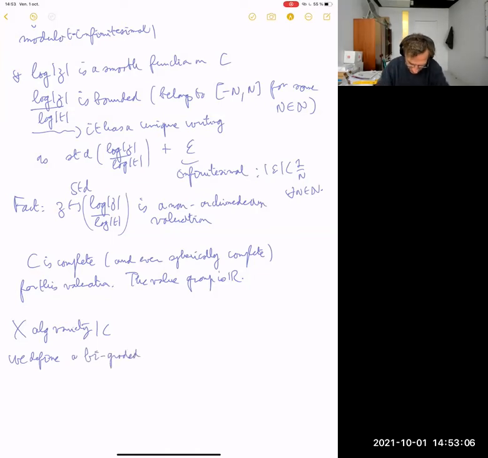In fact, it's a sheaf also, because we can restrict to Zariski open subsets, but let me just speak about global sections.